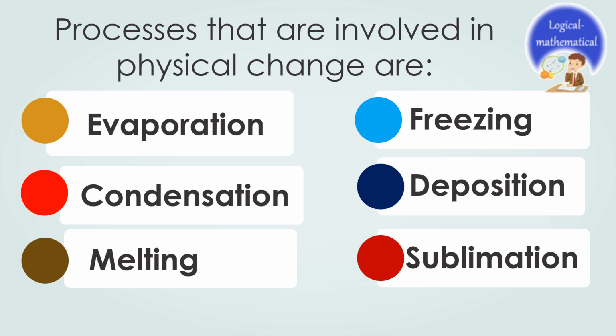When a substance does change, two phases exist at the same time. There are 6 categories of phase change, each being reversible. These are evaporation, condensation, melting, freezing, deposition, and sublimation.